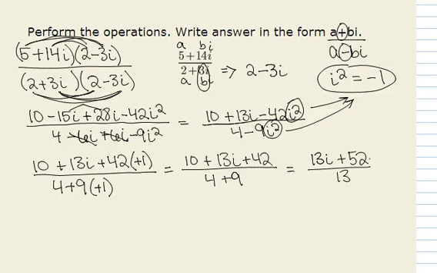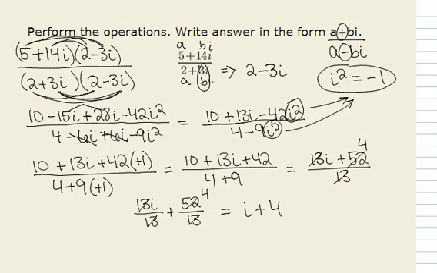Now this we can simplify in the traditional manner, where 13 goes into 52 4 times. In other words, we have 13i over 13 plus 52 over 13. So when we do the simplifying, we end up with i plus 4.